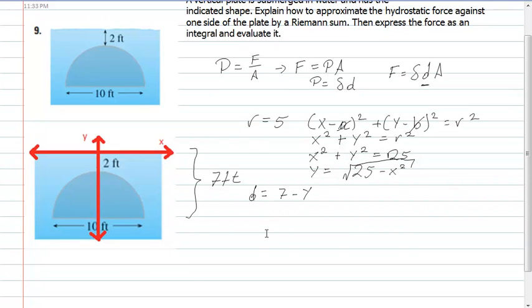Because the depth is now defined in terms of y, the width of the plate must also be defined in terms of y. So we come back to this point in here, and this time we solve for x, which gives us x equals the square root of 25 minus y squared.